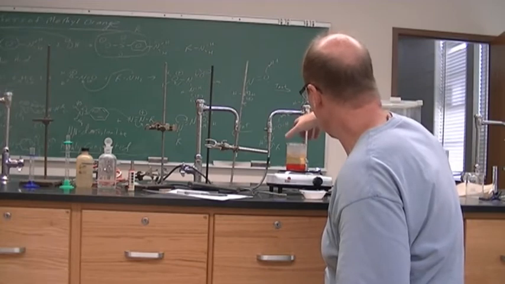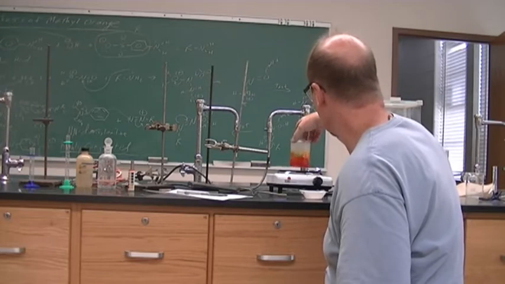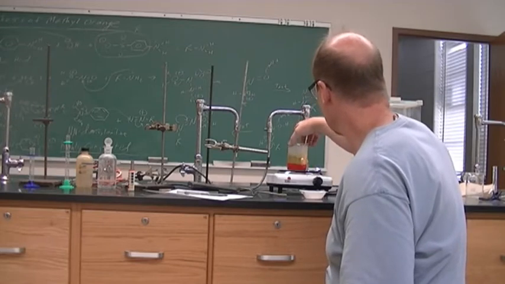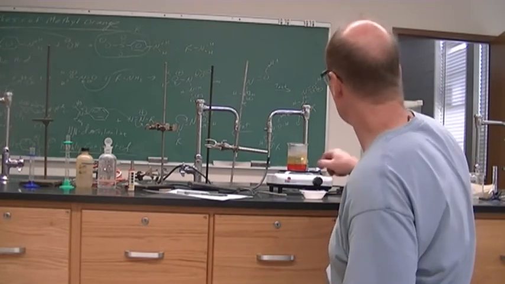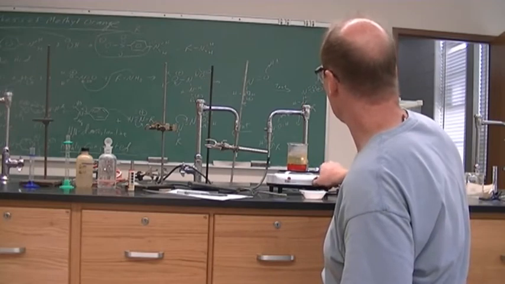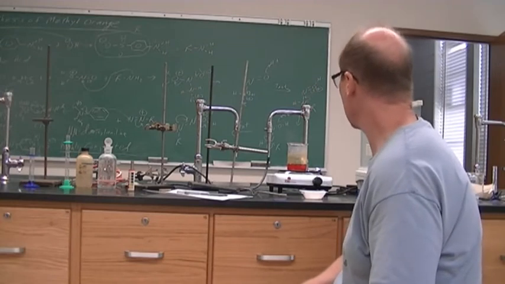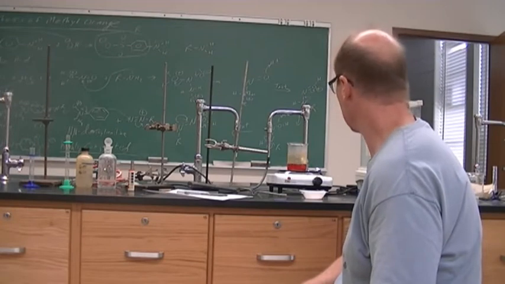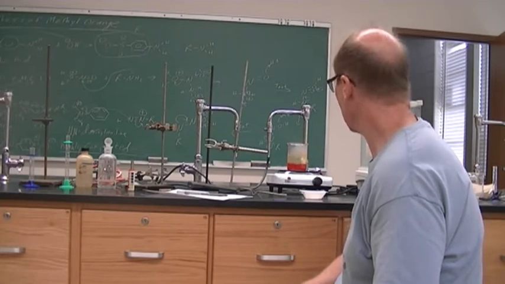All right, so we are dissolving it all back in solution, and then we're going to precipitate it back out. All right, so it's boiling. Now that it's at its boiling point, I'm turning the heater off. Let it boil for a little while.